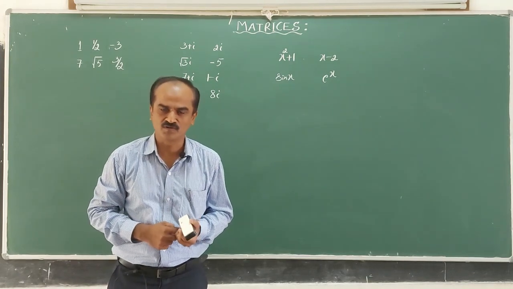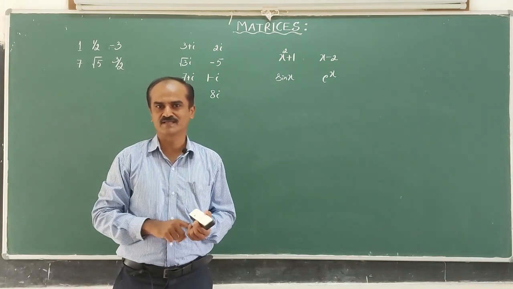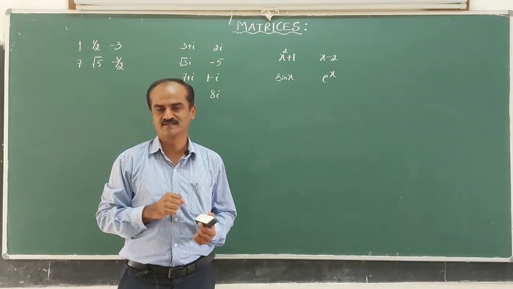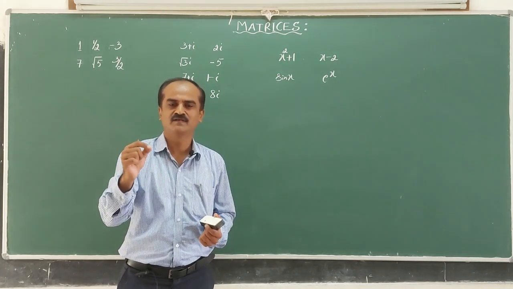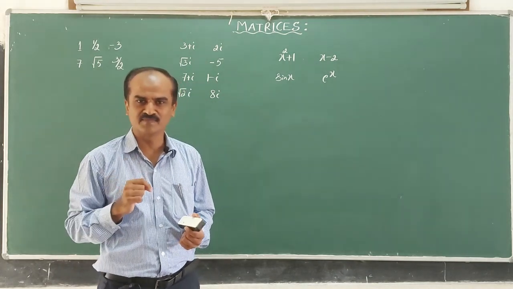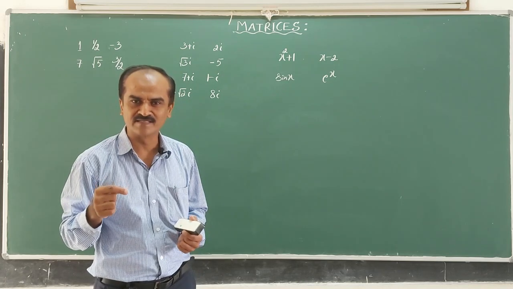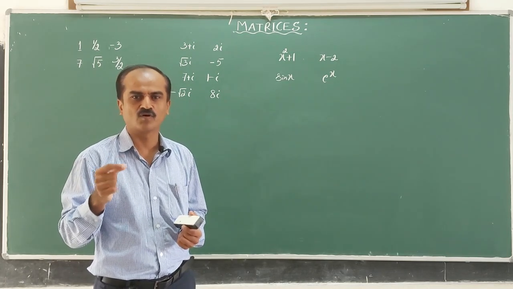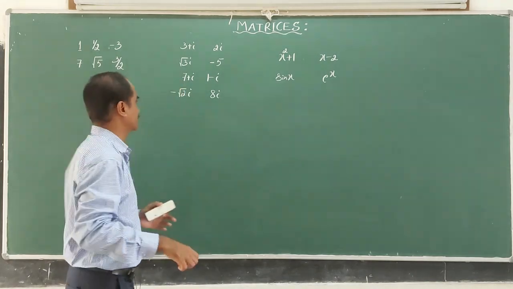What is a row and a column? A row is nothing but horizontal lines of elements that constitute a row of a matrix. And a column is nothing but vertical lines of elements that form the column of the matrix. Now observe here.